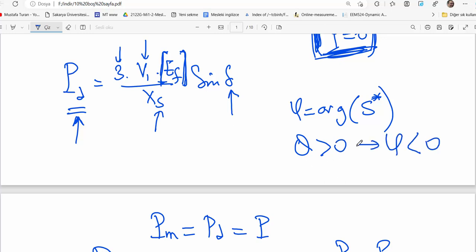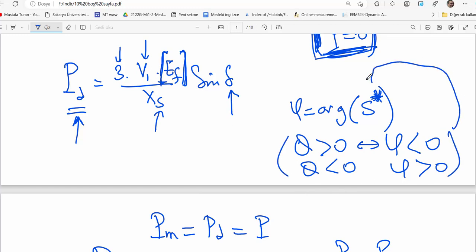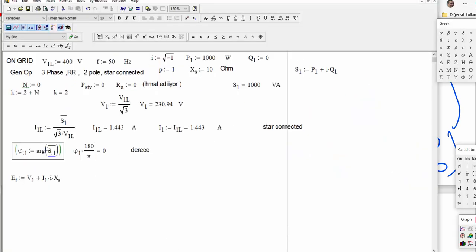There is something reversed due to the complex conjugate operation. If reactive power is negative, in such a case phase angle is positive. That is a result of the complex conjugate operation. Here it is a bar on the apparent power.